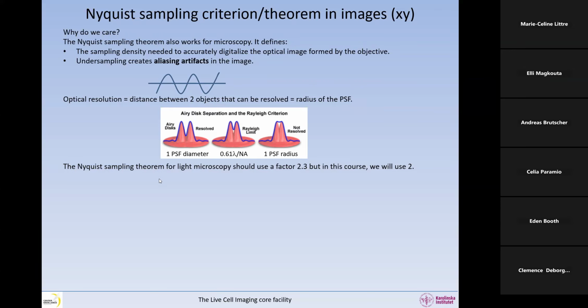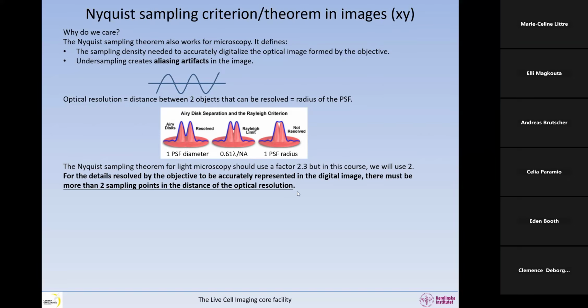The Nyquist sampling theorem for light microscopy really should use 2.3. And I think I will change it for next year. But in this course, we're going to use 2 just to make it easier. Normally for digital images, the factor is actually 2.3 and not 2. But in this course, I'm going to say 2 all the time just to keep it simple.